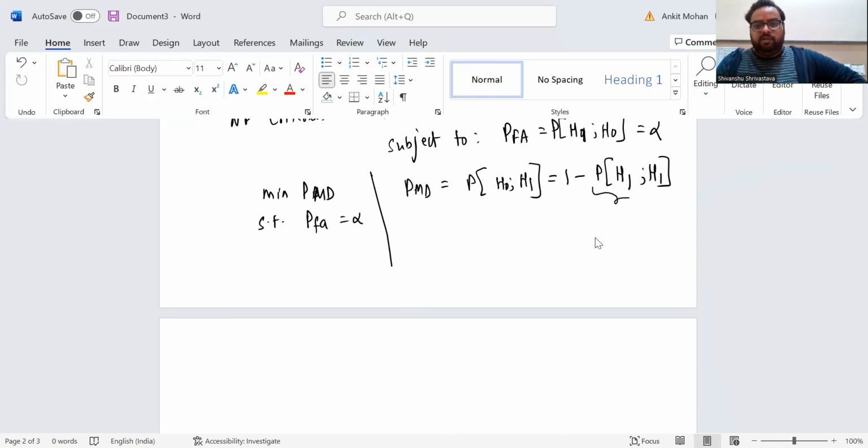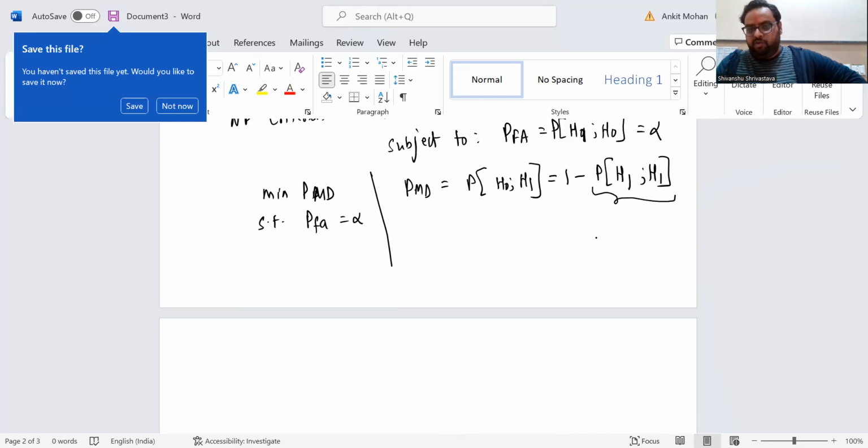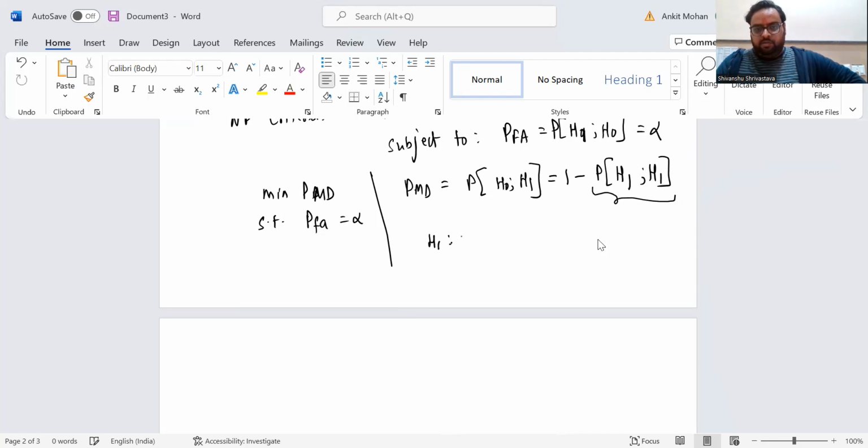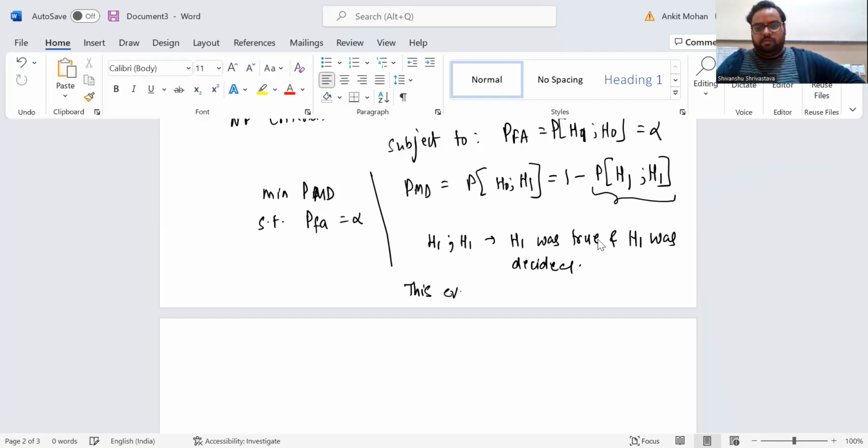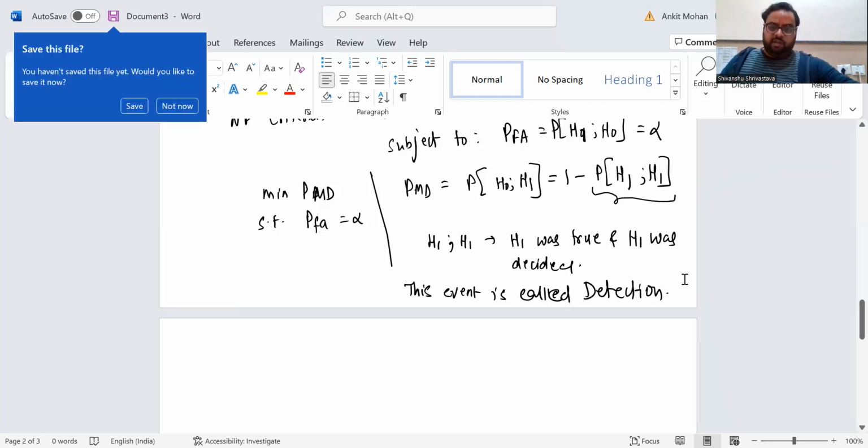This particular event, that H1 was true and H1 was decided, is called detection or correct detection.